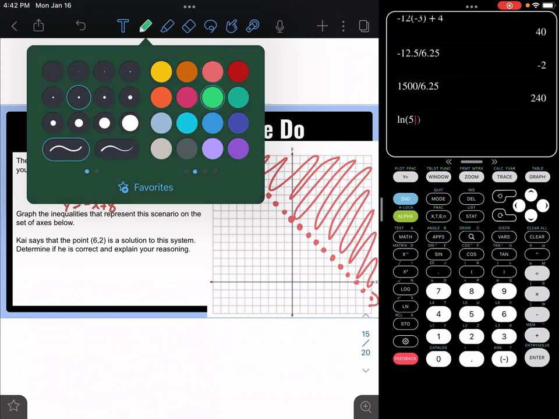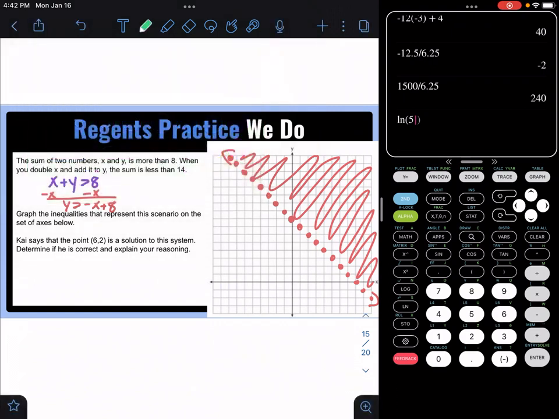All right, and now let's look at the next one. When you double x, so 2x, and add it to y, the sum is less than 14. All right, subtract 2x. We will get y is less than negative 2x plus 14. So let's start at 14. 1, 2, 3, 4, 5, 6, 7, 8, 9, 10, 11, 12, 13, 14.